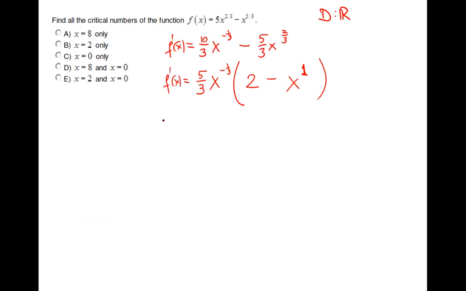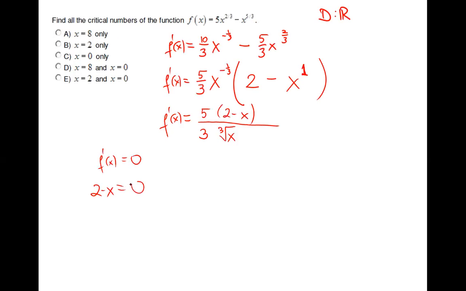Okay, really nice form. What do I have? I have 5 and 3, x to the negative 1/3 is cube root in the denominator, cube root of x, and 2 minus x. Okay, really nice. The derivative is 0 if the numerator is 0. x equals 2.